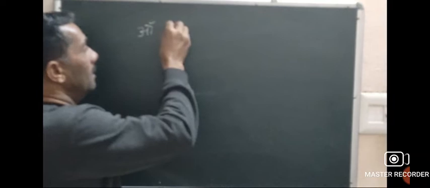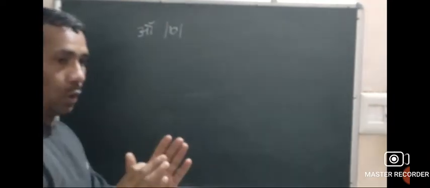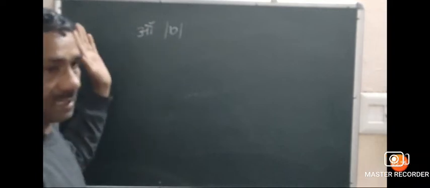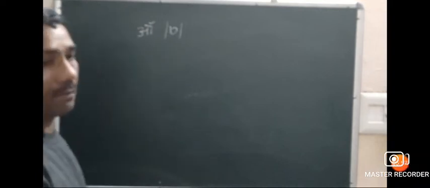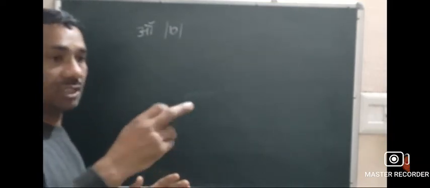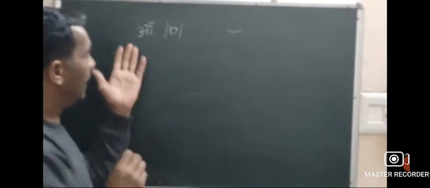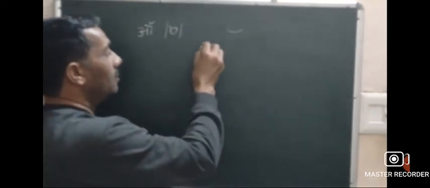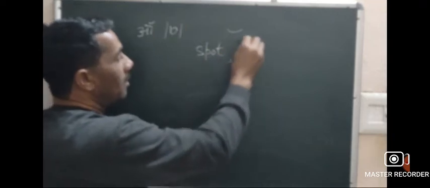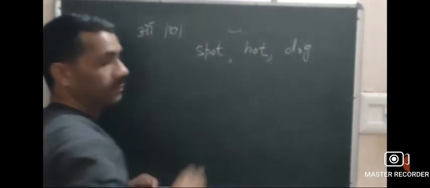Again we find some significant symbols here. If we turn O from the left side upward, it is the symbol of a. Here in our Hindi we find that sometimes we use chandrabindu. For example, we use spot, hot, dog.